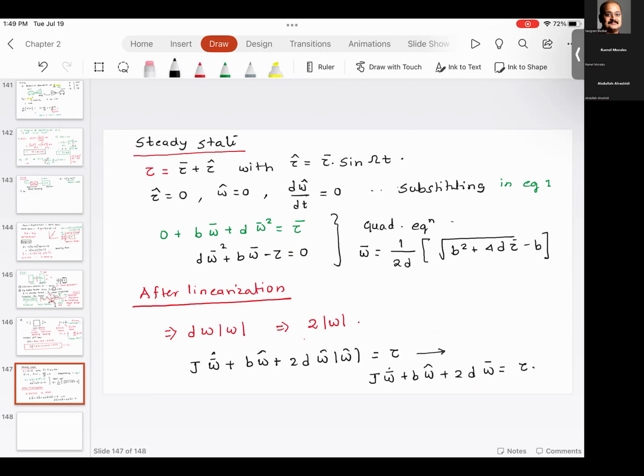So this is how you would linearize the system.